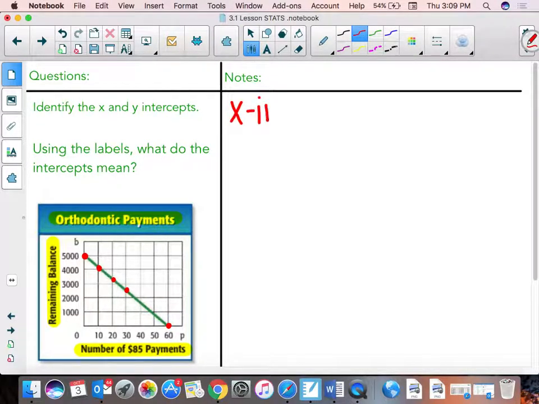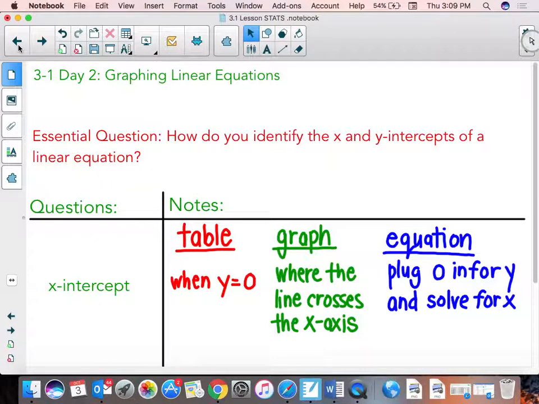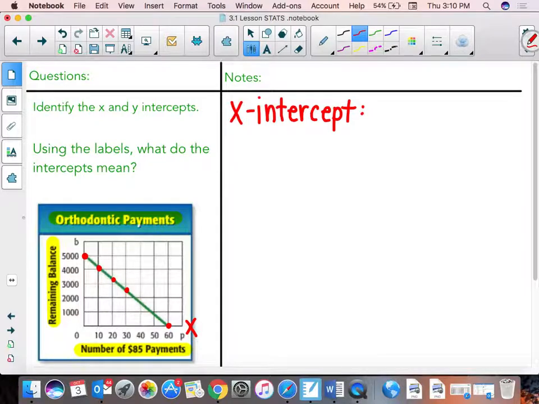All right, so let's talk about the x and y intercepts. Let's write down the x-intercept first. So the x-intercept, if I go back to my vocab, from a graph is where the line crosses the x-axis. If you don't know your axis labels, the one that goes horizontal is always x, and the one that goes vertical is always y. So we want to look at where our line intersects the x-axis.